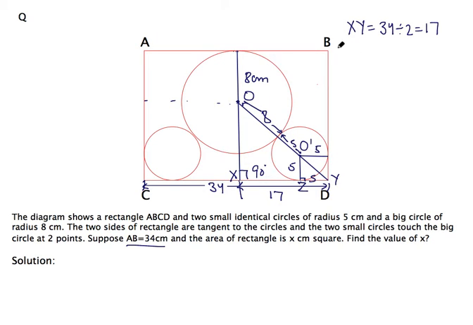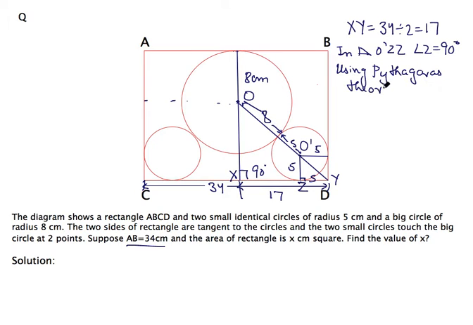So we can say that in the right angle triangle, what is the right angle triangle here? O dash ZY, where angle Z is 90 degrees, using Pythagoras theorem.